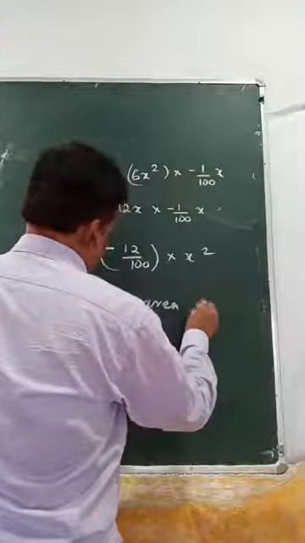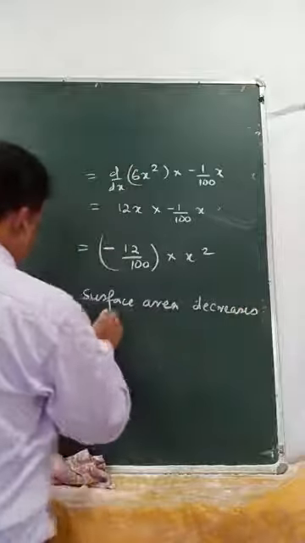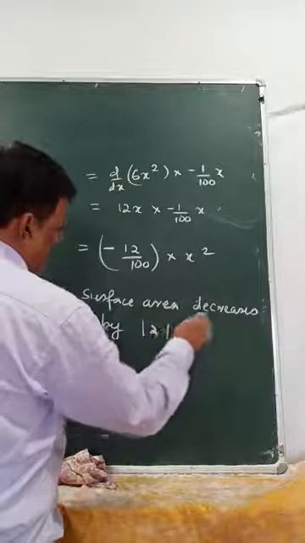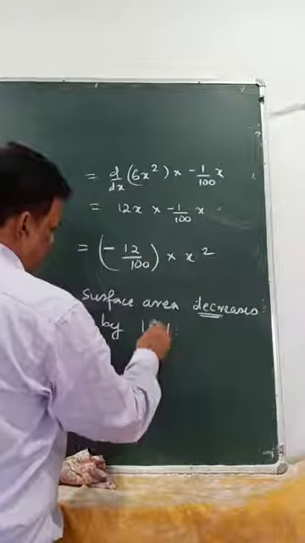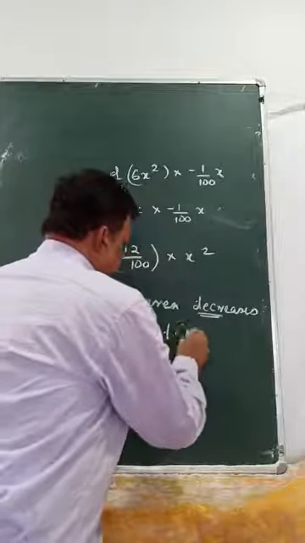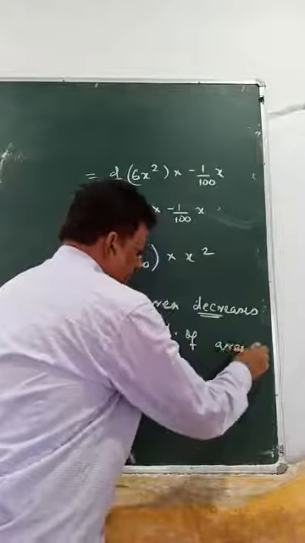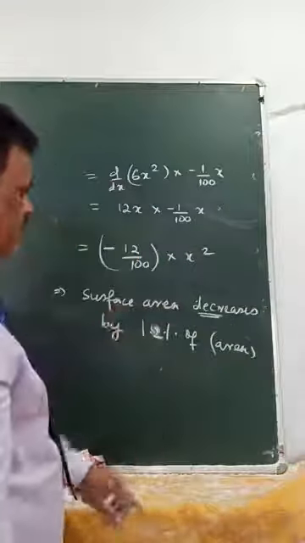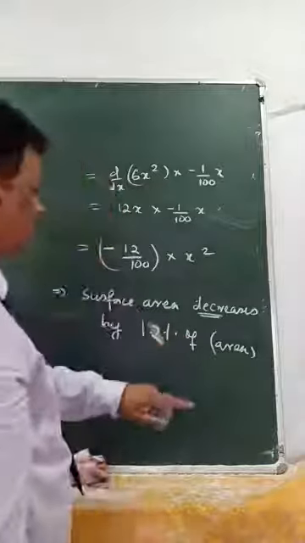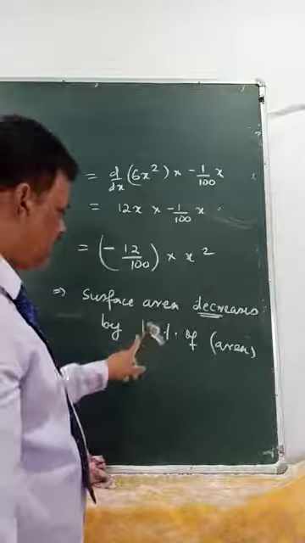The surface area decreases by 12%. Decrease is written, so a negative sign is given. 12% of what? 12% of area, meaning surface area. Total surface area decreases by 12%. If the side decreases by 1%, surface area decreases by 12%.